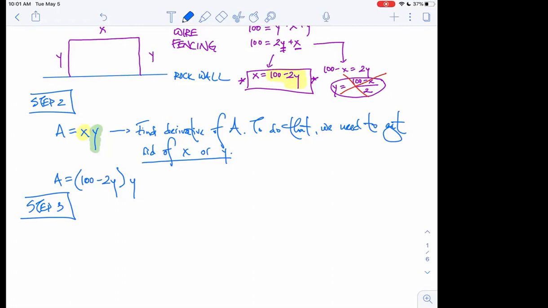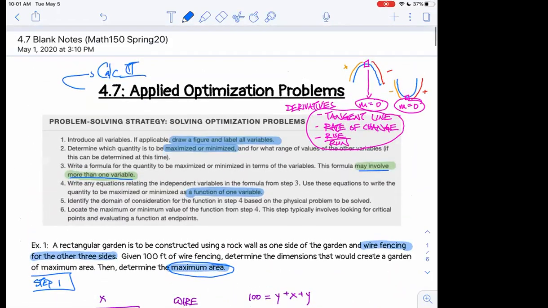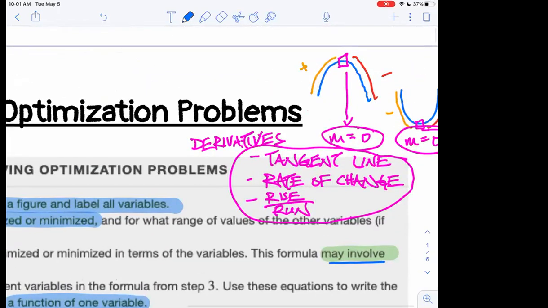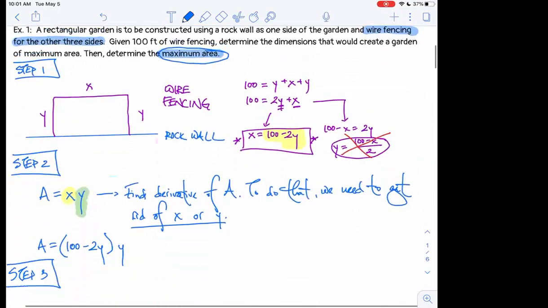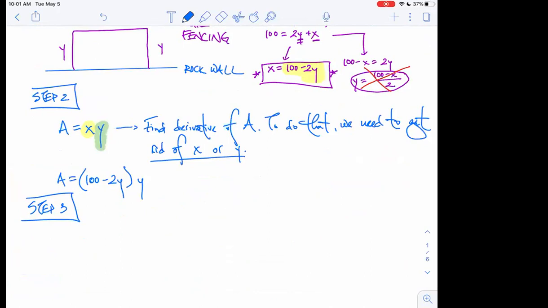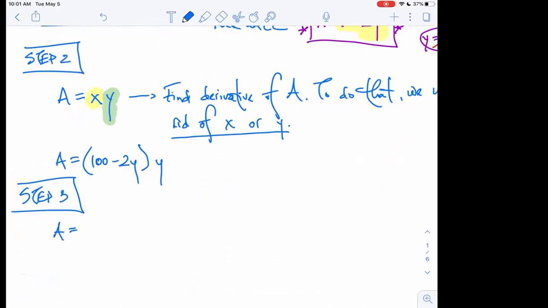The reason why, again, is because I'm looking for the maximum area, and I know that the slope at the maximum is 0, or the derivative at the maximum is equal to 0. All right, so, ideas on how to simplify my equation before I take a derivative?